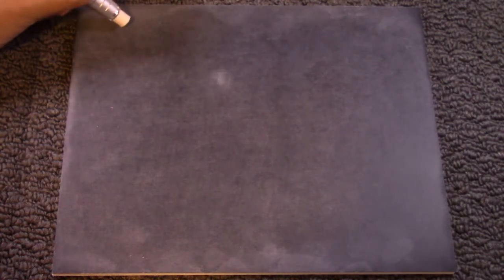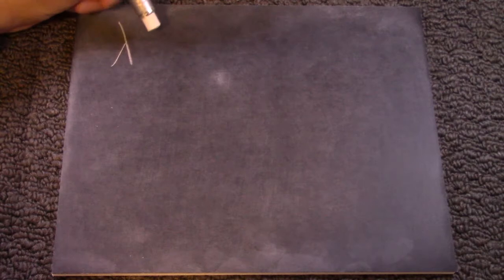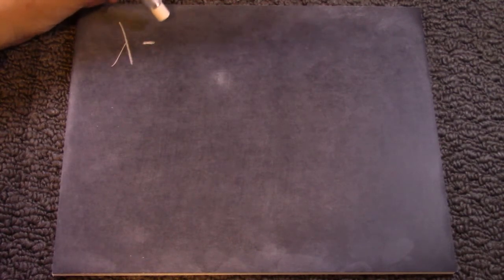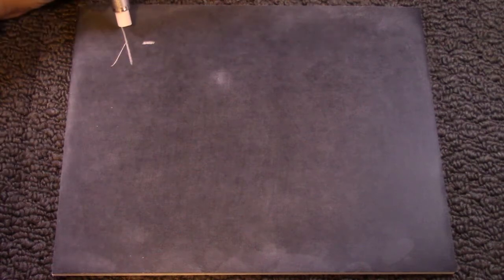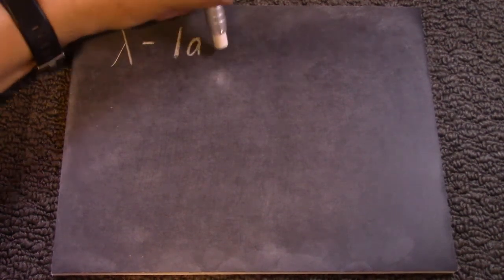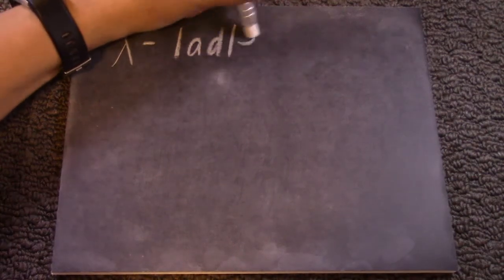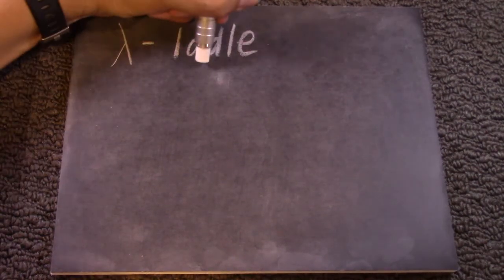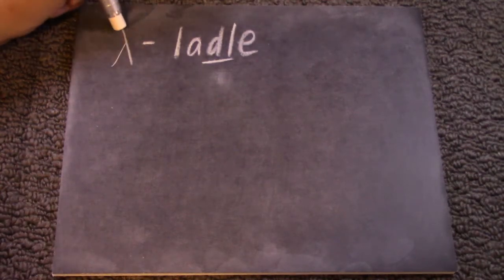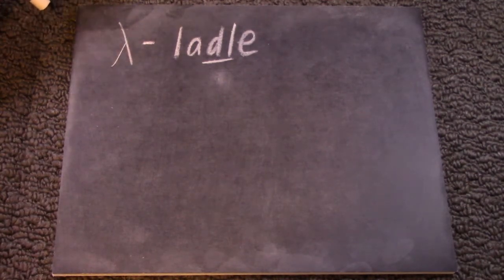So some English examples of alveolar sounds, or lateral sounds I should say. With the lambda, think of the English word ladle. So we have the D and the L together. That's represented by this lambda symbol here.